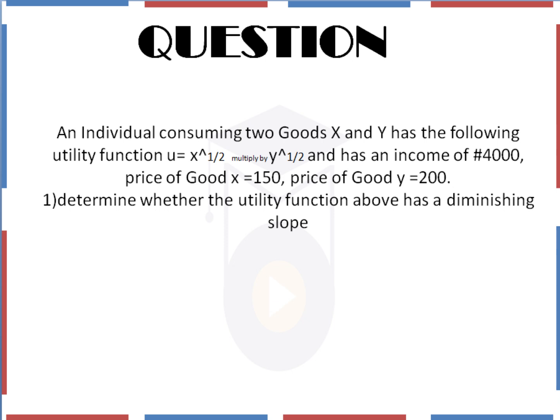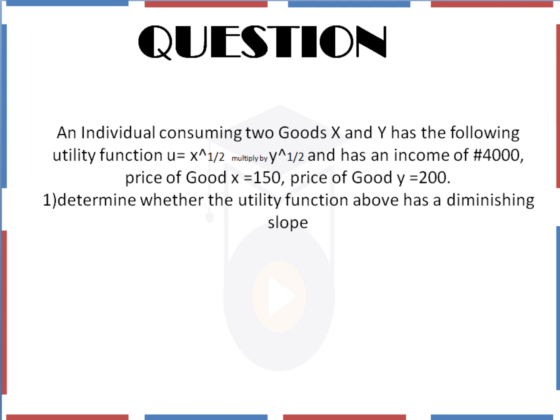Okay, so now we'll be looking at a past question. The question is: an individual consuming two goods X and Y has the following utility function: U is equal to X raised to power half times Y raised to power half, and has an income of 4,000 naira.